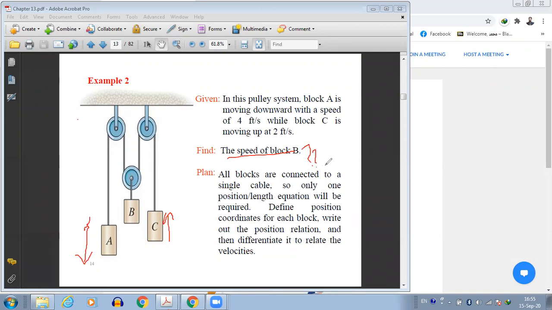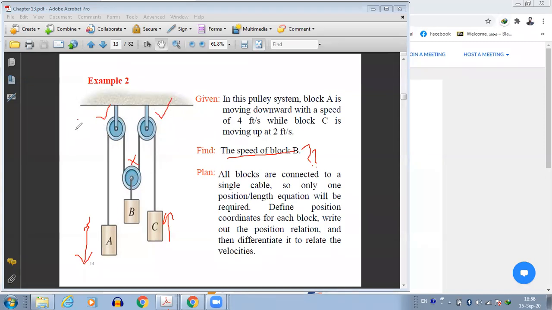Our procedure of solution will be the same. First of all, we need to find a fixed reference. This cannot be the fixed reference, so we can take this one and this one as fixed references.